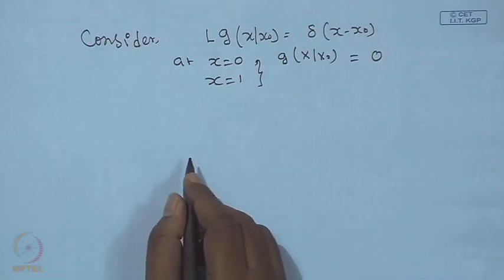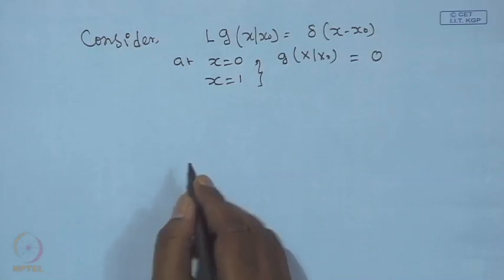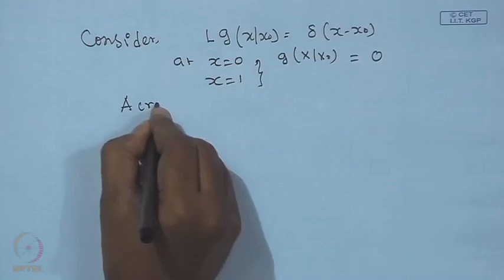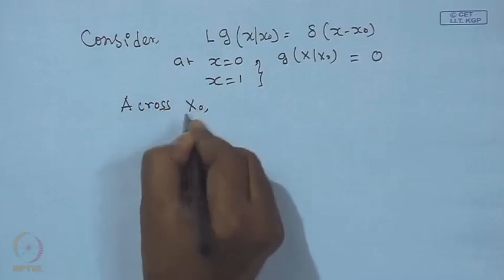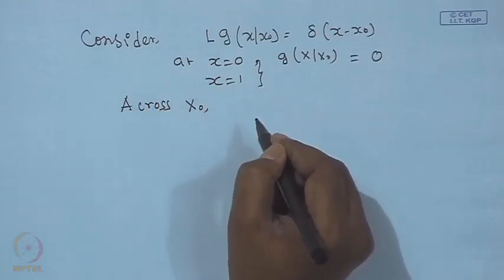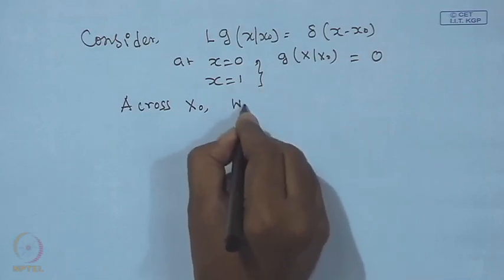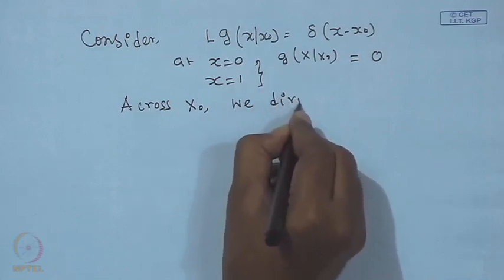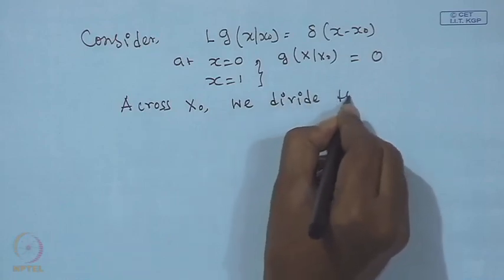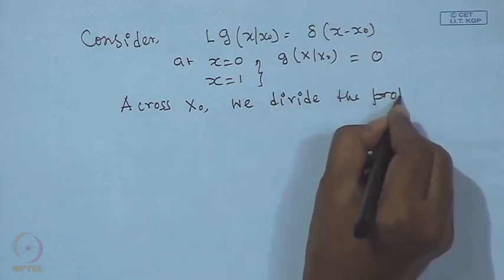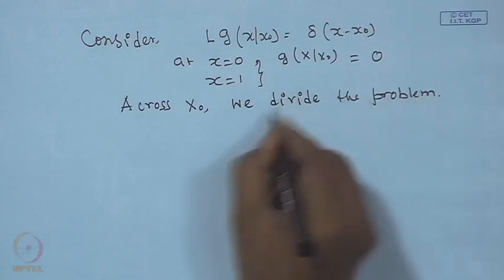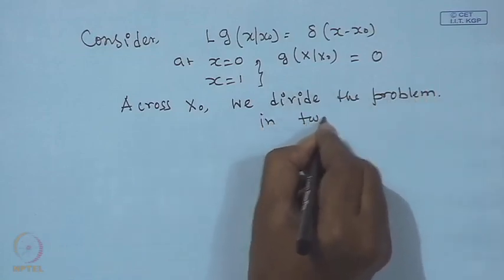So, we divide the problem into two subparts across x naught, the point at which we are applying the unit impulse. Across x naught, we divide the problem in two domains.